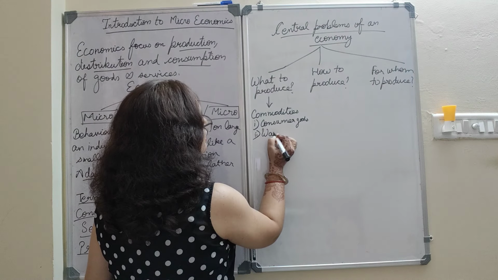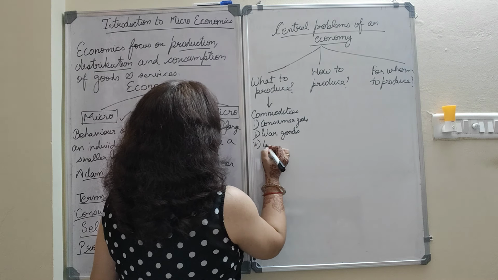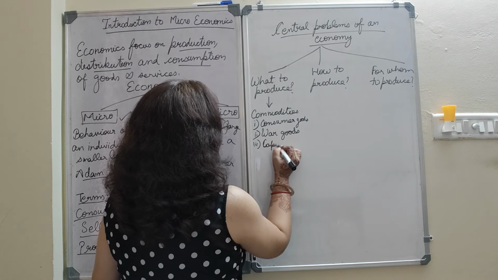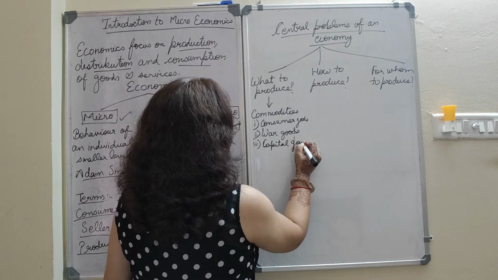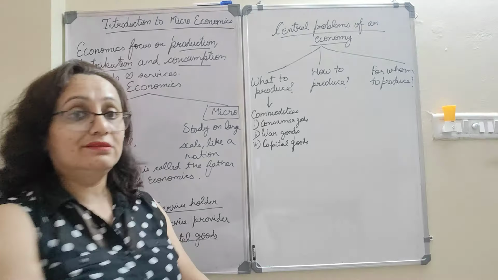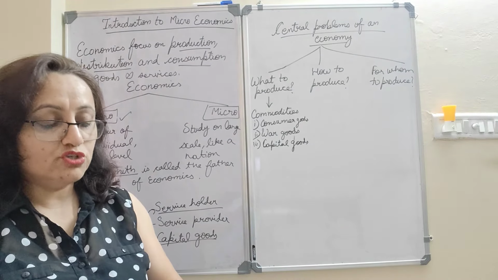So many kinds of goods are there. What kind of good should I prepare? That will be a big question for the producer. I will tell you first of all a problem, and I will also tell you the way to tackle these problems. Okay.